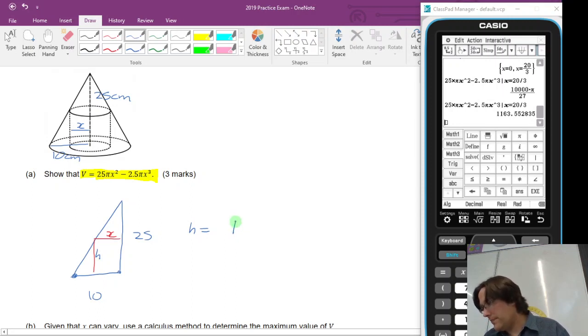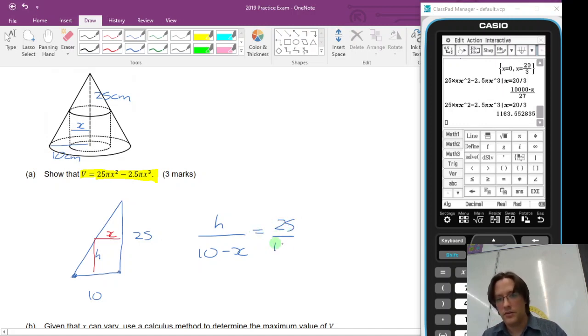So what they've written is h, I did this in class before, honestly can't remember the way you did it, and so they say that h over 10 minus x equals 25 over 10, which gives us h equals 25 take 2.5x. Don't know quite how they get that solution, but that's what they say. And I'm not going to waste time doing this because my mind's not quite working properly at the moment.